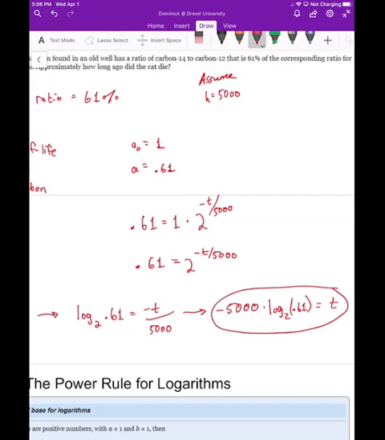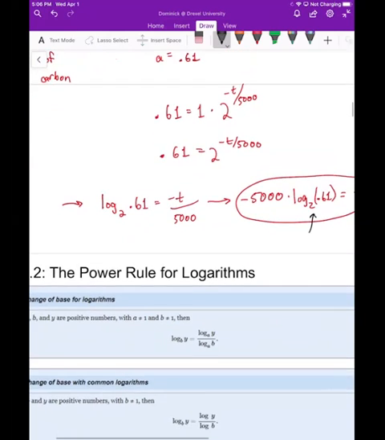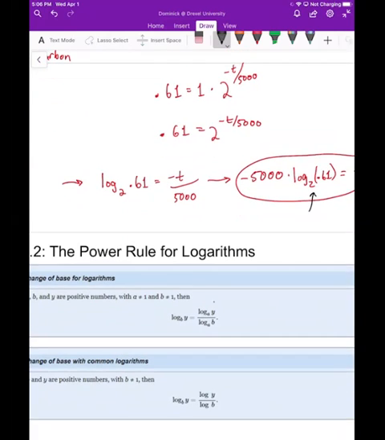Now, if you wanted an actual number here, you'd have a little bit of a problem, because on your calculator you're not going to find a spot to enter a log with base 2. You'll find a common log, and you'll find ln, which is a natural log. To get around that, we can use what's called the change of base formula, which allows you to change the base of any log to whatever you want.